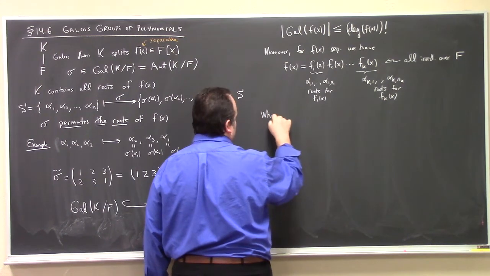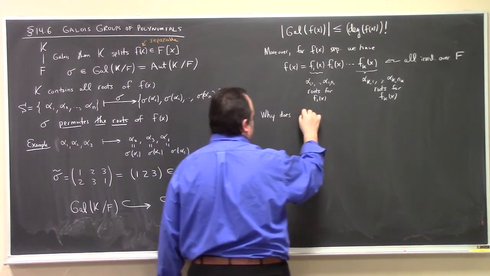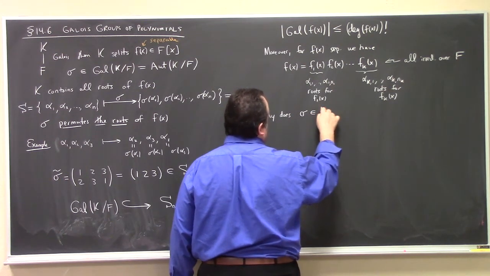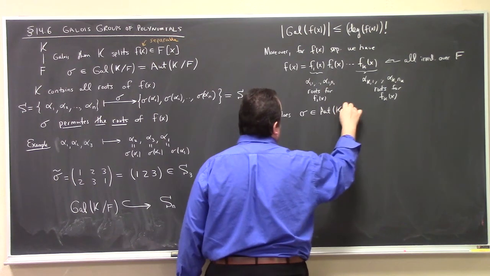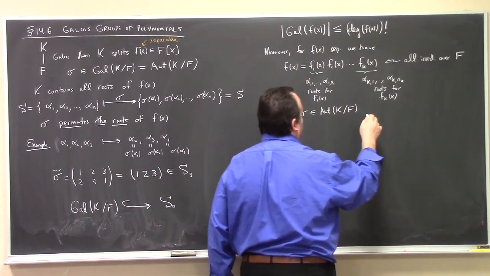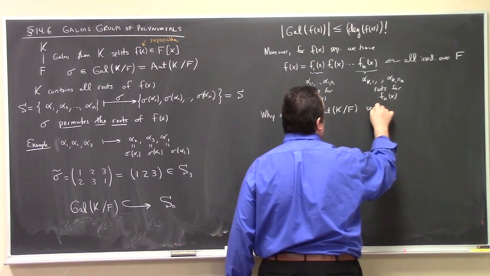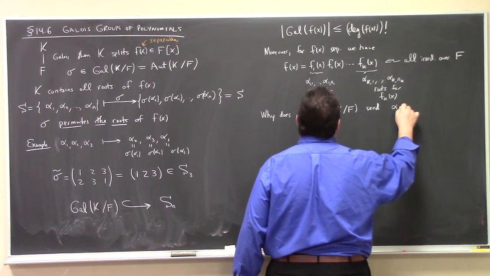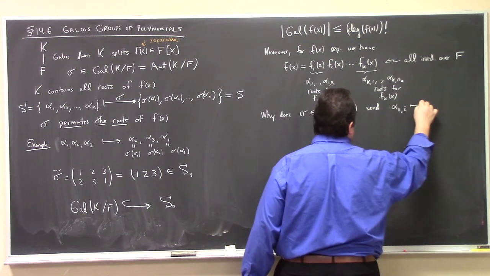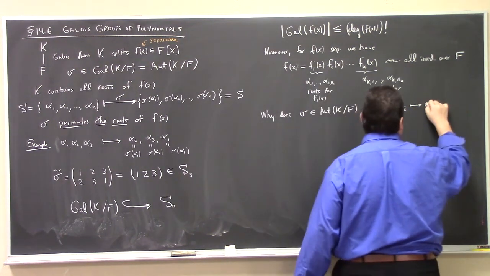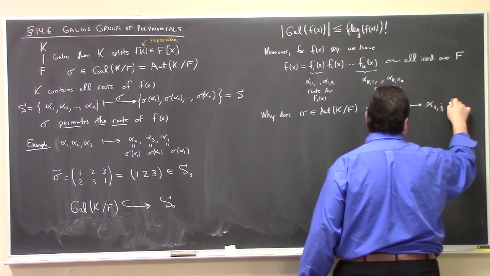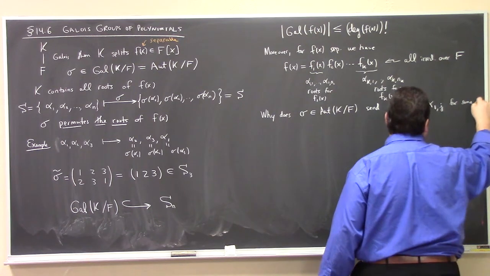Why does sigma, an element of the F-fixing automorphisms of K, send alpha, let's say, 1i to sigma of alpha 1 comma j for some j?